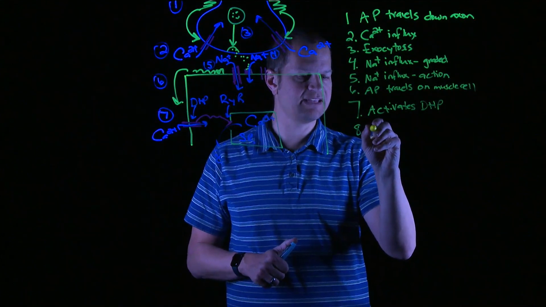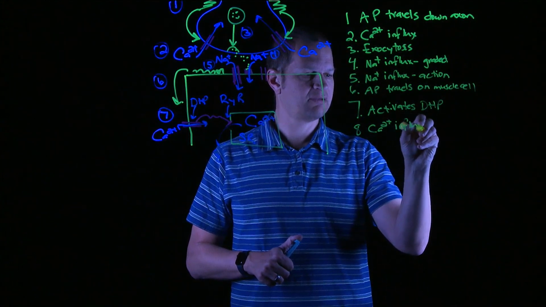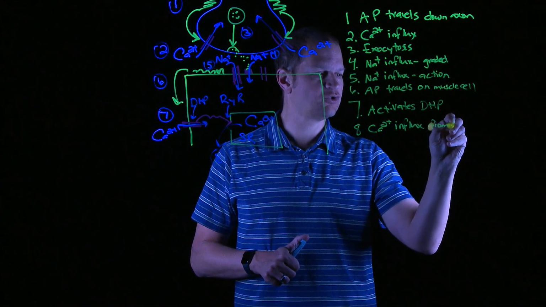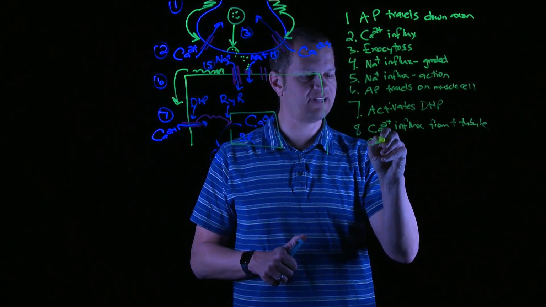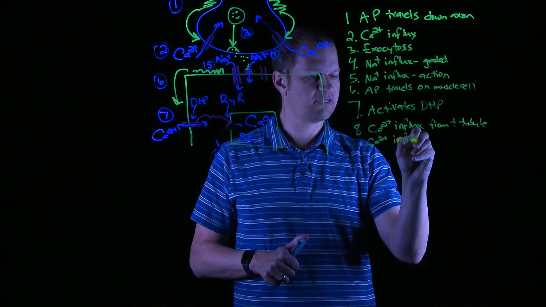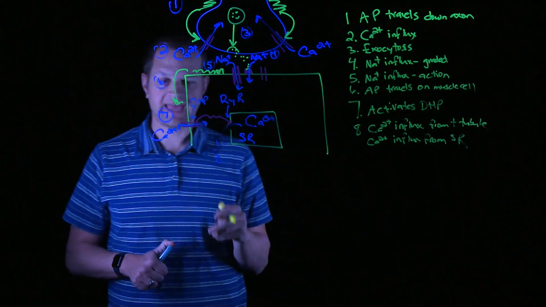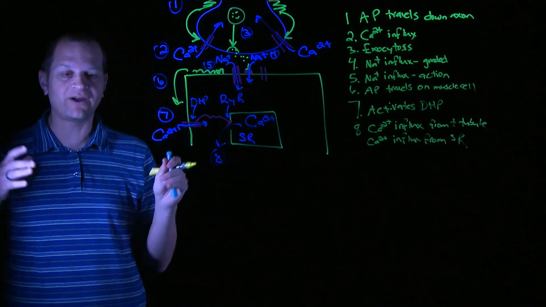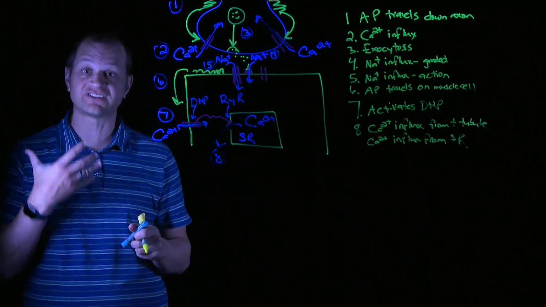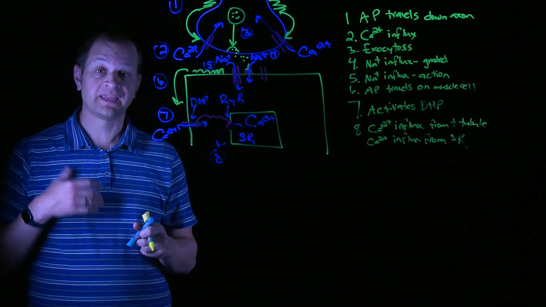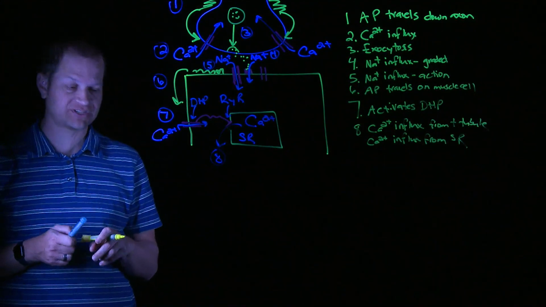One, we get calcium influx from the T-tubule, and we get calcium influx from the sarcoplasmic reticulum. And so now we've got a whole bunch of calcium that's floating around inside the fluid, the sarcoplasm of the muscle cell. Now this calcium is important, and I've never figured out how to draw this out, so I'm just going to write it out.